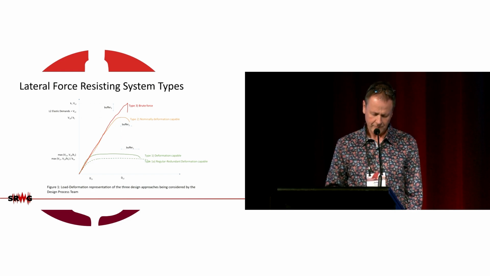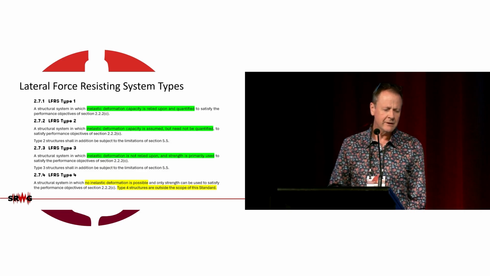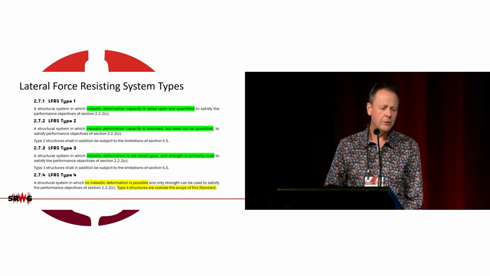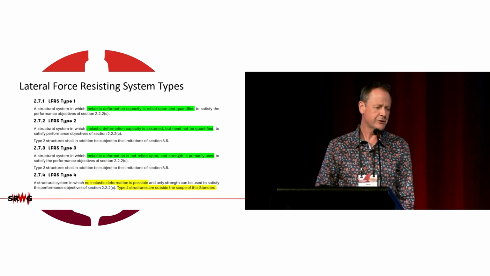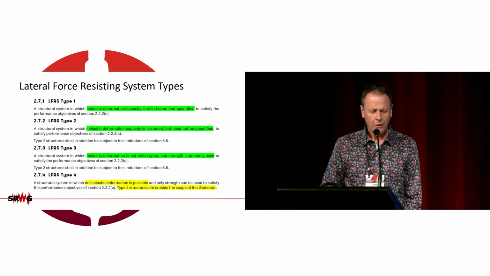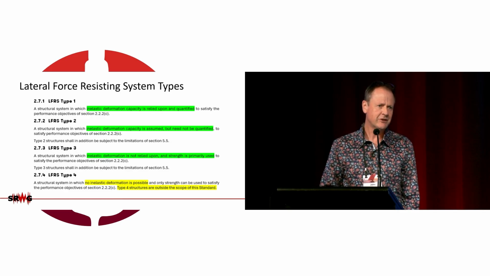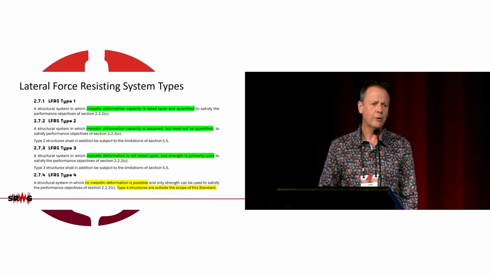Whoops, I'll go back. Type 3: inelastic deformation is not relied upon, and strength is primarily used to satisfy the performance objectives. We know that most of our structures are inherently ductile to some extent, but we know we can't quantify it.